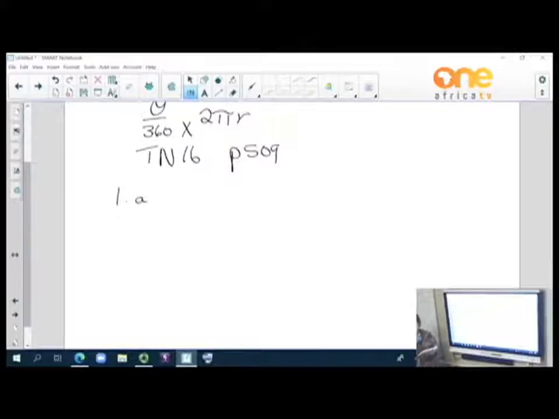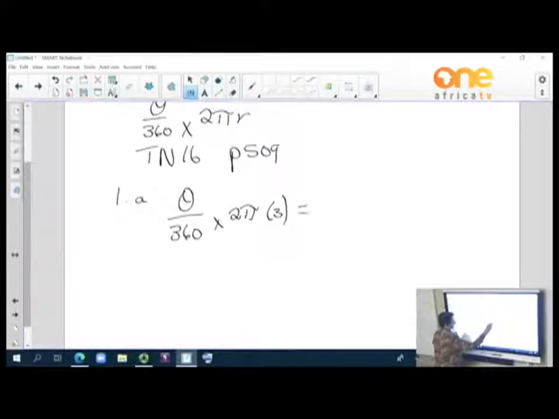So this time you had to find the angle, but we are using that same formula. So the first one will then be theta over 360, this is what you want to find, times 2 pi, the radius is 3, and that arc length is 10. So it's also opposite operations, as we said in the previous lesson.